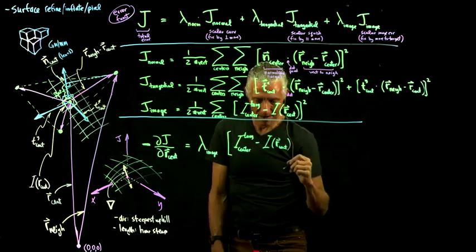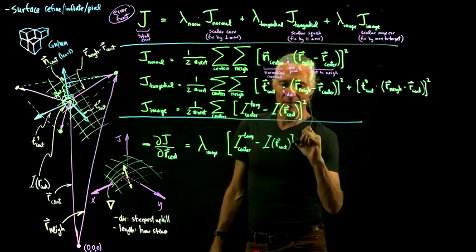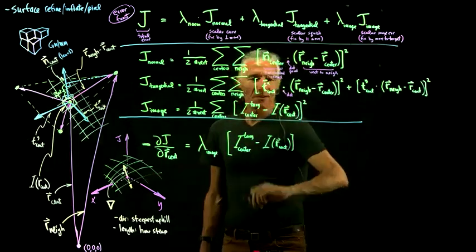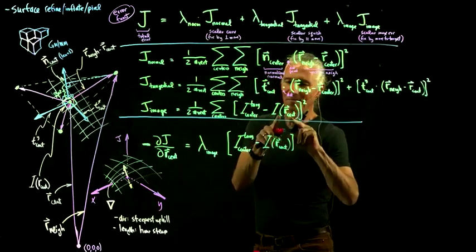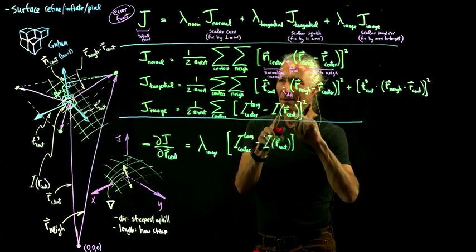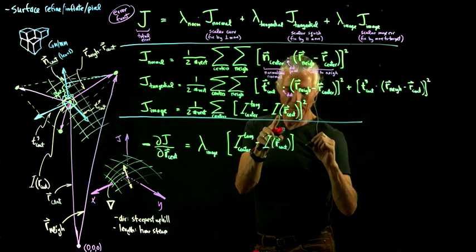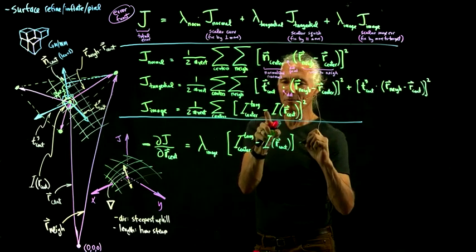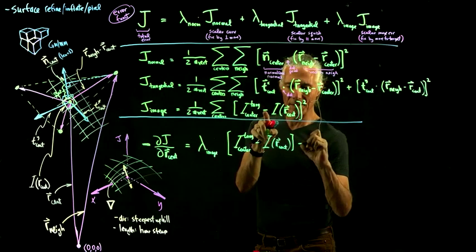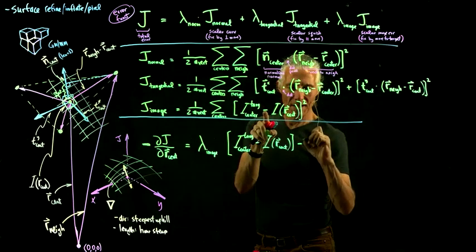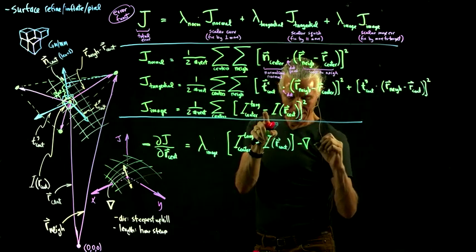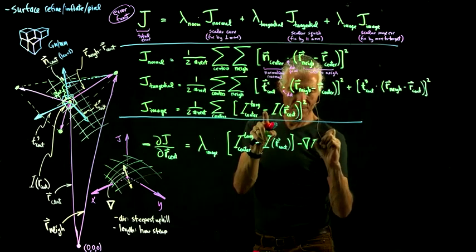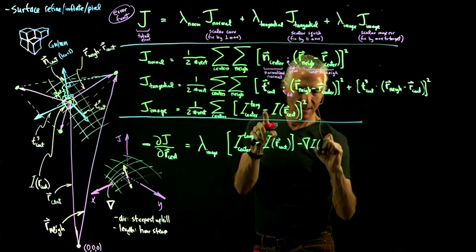It's going to be that number, but then we've got to take the derivative of this guy. We're in a multi-dimensional setting, and it's got a negative there, so it's going to be the negative gradient of that function.